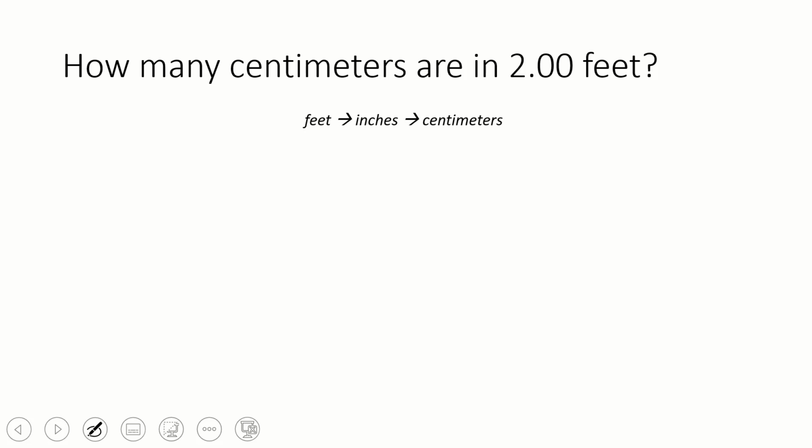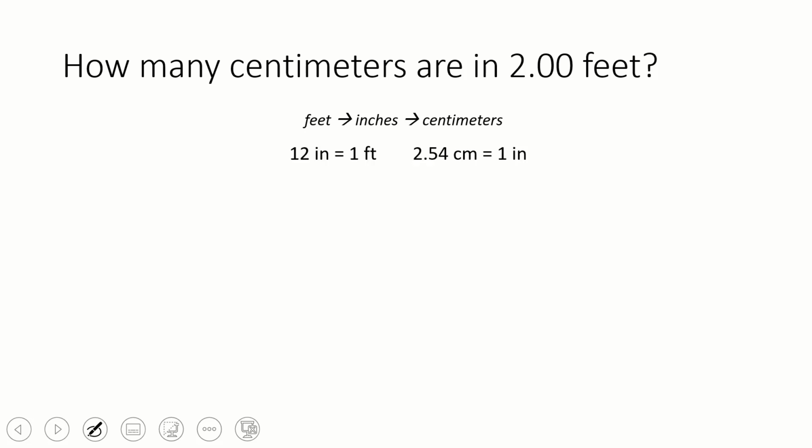So this question asks, how many centimeters are in 2.00 feet? And the way we're going to approach this problem is to go from feet to inches to centimeters, as you can see on the flowchart on the screen.